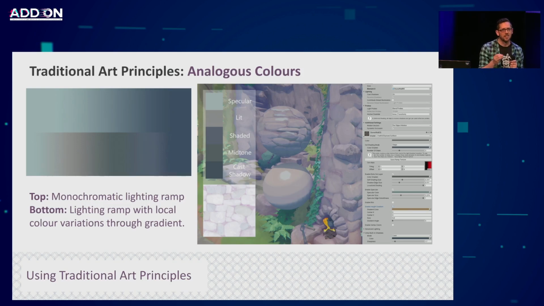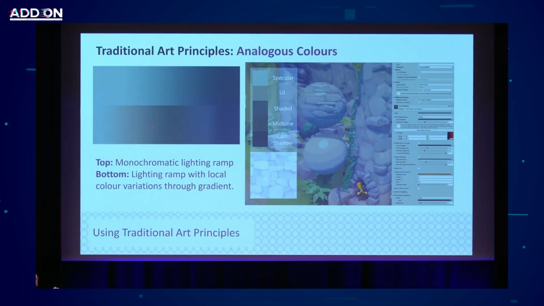Because if you were painting the scene, you would be constantly making judgments and choices about which colors to use where, and where to increase or change the hue or the saturation. And as a result, you can see this is how it would be if we didn't have these extra colors on a material shader basis within these objects. It would just be this straight light to dark. Whereas with these extra colors within that value range, you get a nice journey from warm to cool back to warm, or the other way around, cool to warm back to cool.